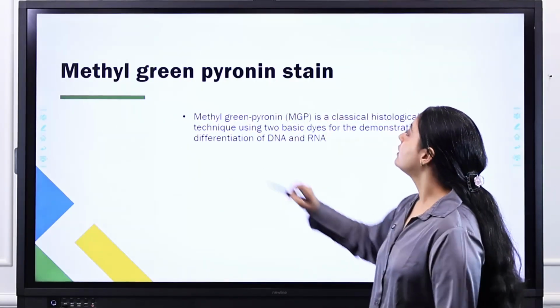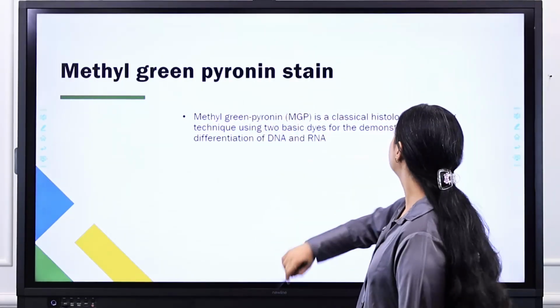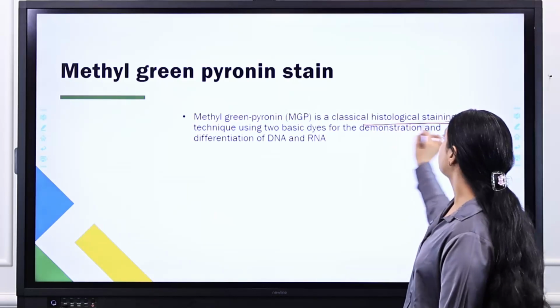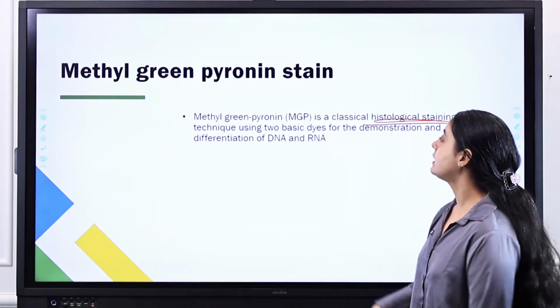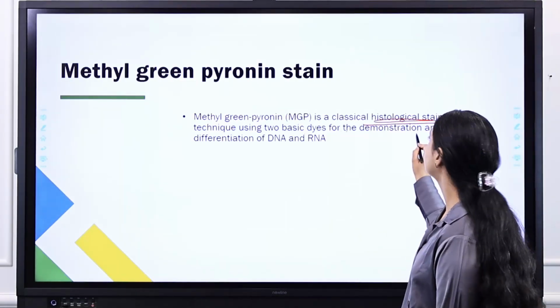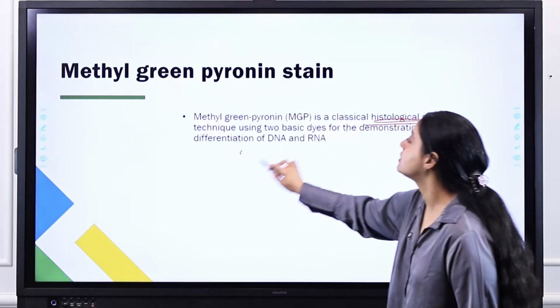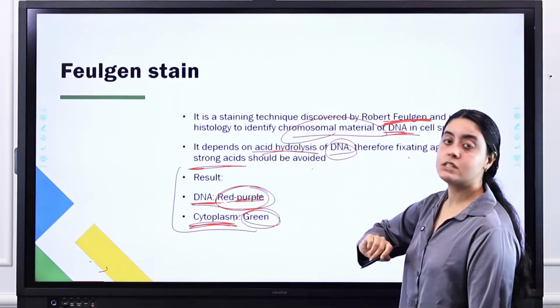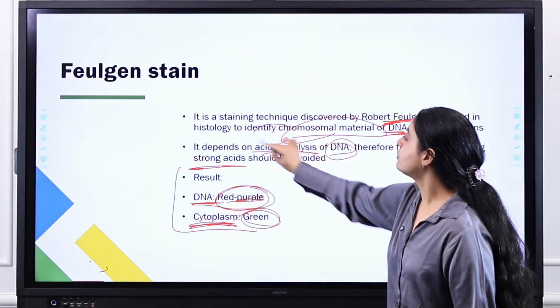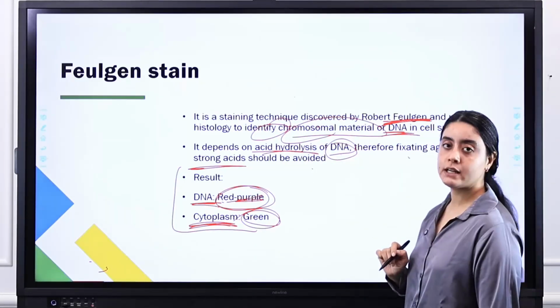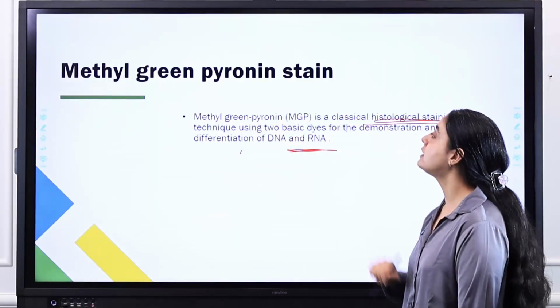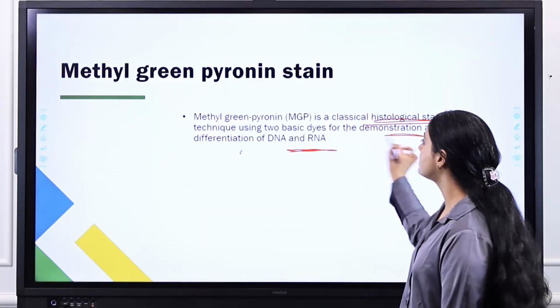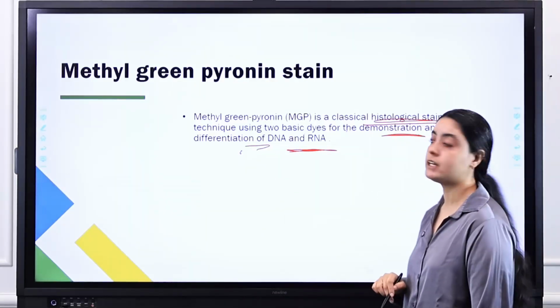Now we have methyl green pyronin stain. It is again a classification of histological staining, and it has two basic dyes for the demonstration and differentiation of DNA and RNA. Feulgen stain was used to identify chromosomal material and DNA, and here methyl green pyronin we use for demonstration and differentiation of DNA and RNA.